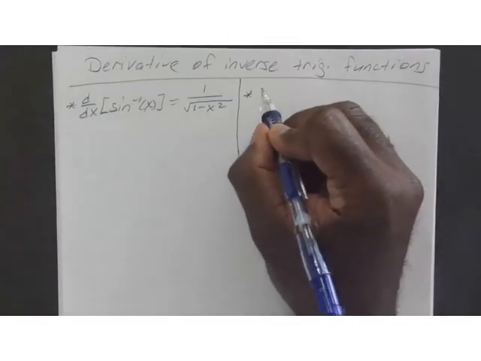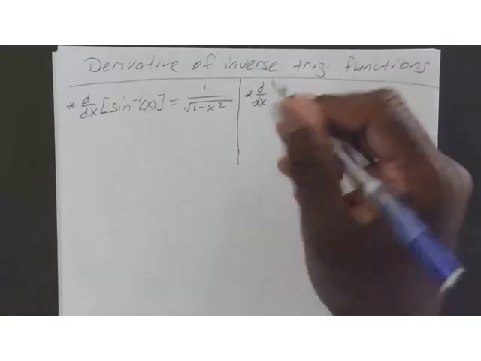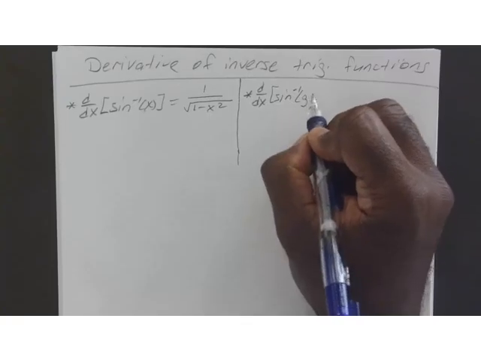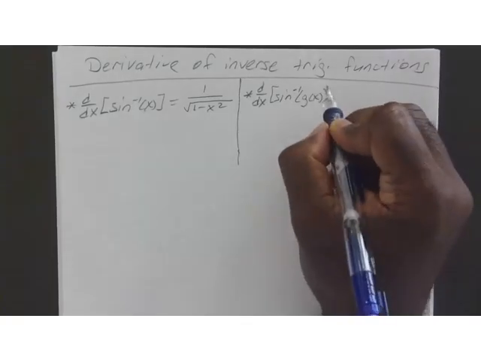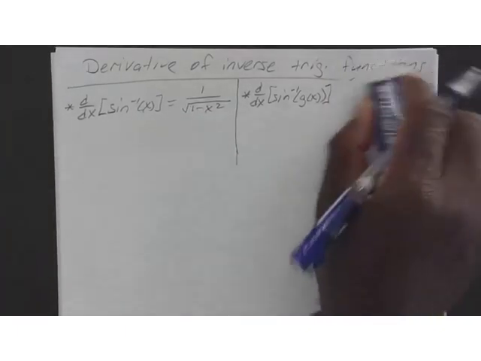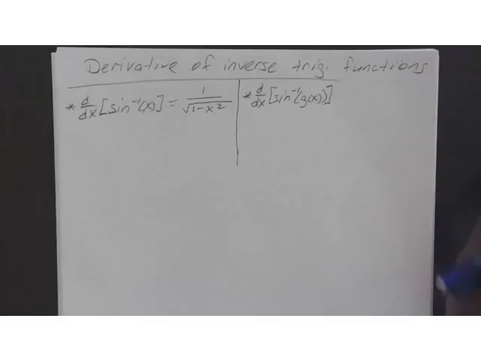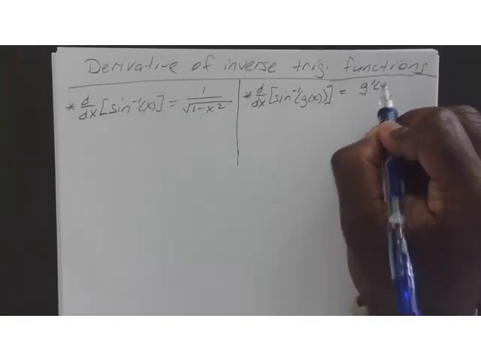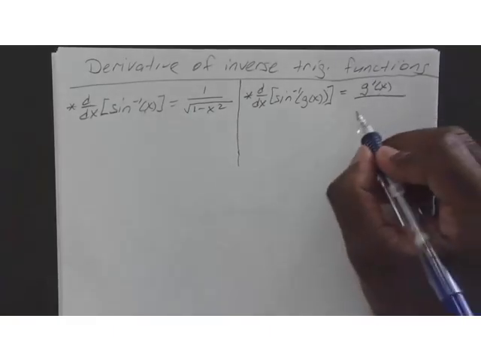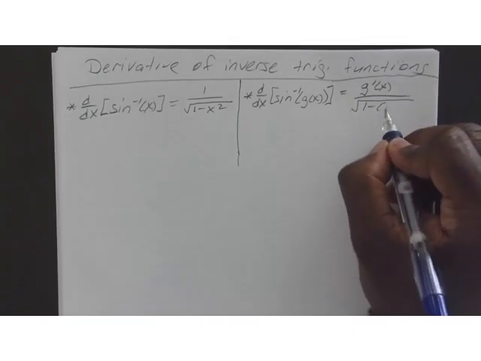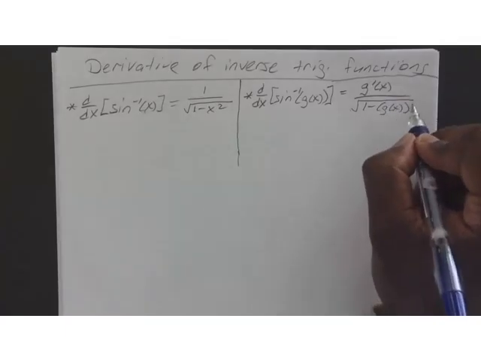Well, if that's the case, the derivative with respect to x of sine inverse of some function of x, we'll call g of x, is going to equal the derivative of that function divided by the square root of 1 minus that function squared.